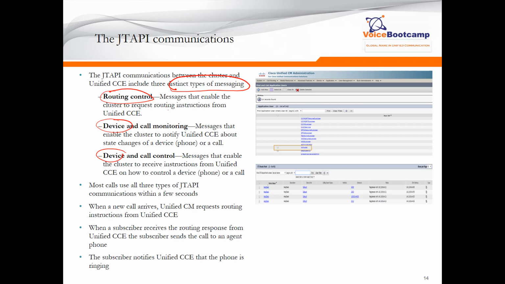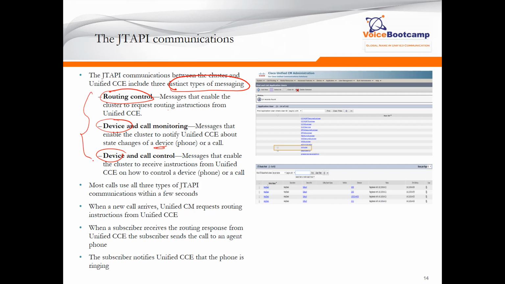Device and call monitoring is a message that enables the cluster to notify the contact center enterprise that there is a change of the agent phone or the call. Device and call control is a message that enables the cluster to receive instruction from the contact center on how to route the call to the agent.